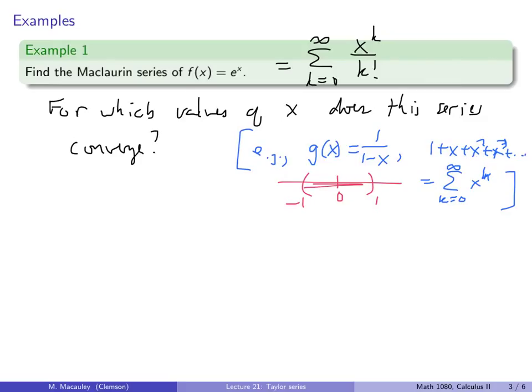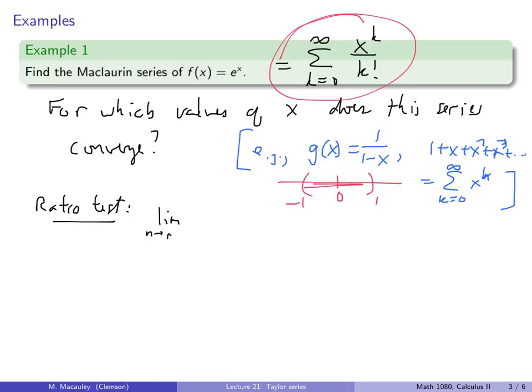Okay, so for which values of x does this series converge? Does this series equal e to the x? To do that, we're going to use the ratio test. So let's take the limit as n goes to infinity of successive terms.